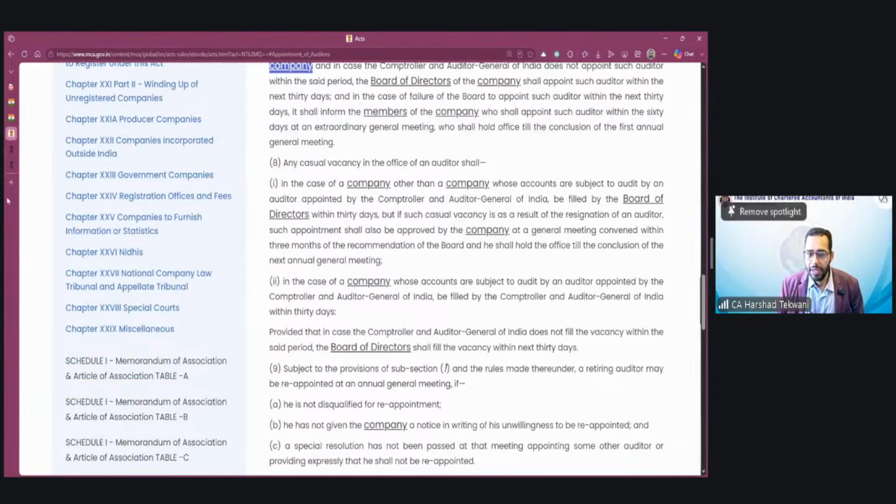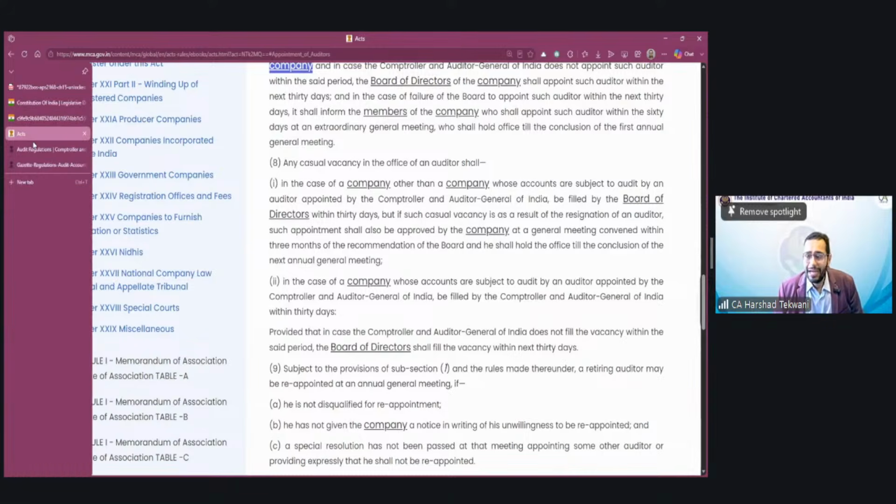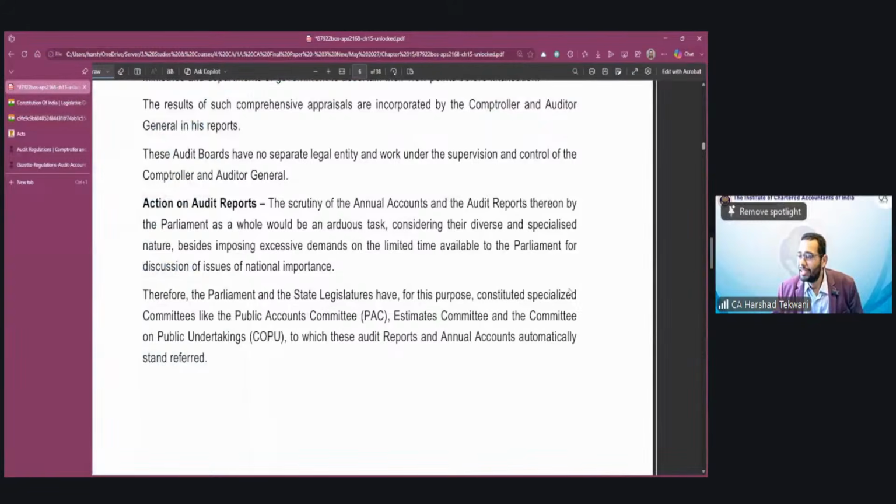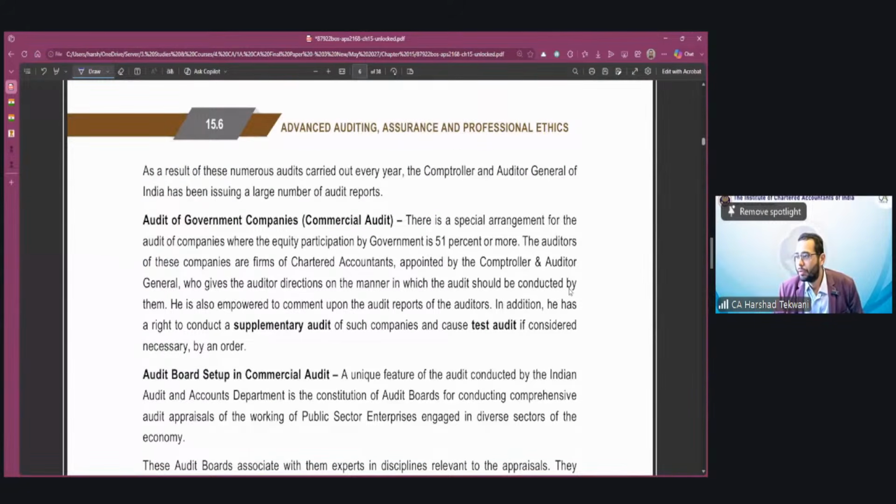Clear? Now, that is section 139. And when I talk about the respective provisions of the respective act, for example NHAI or TRAI, they already have their own provisions that provide how their auditor may be appointed. If not, in that particular case, the CAG provisions are there.